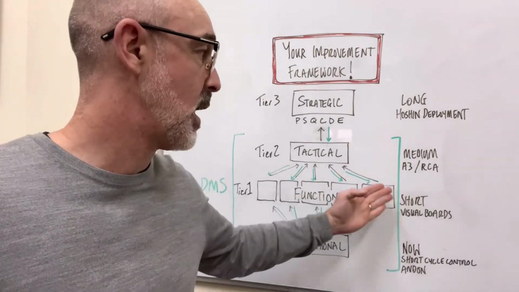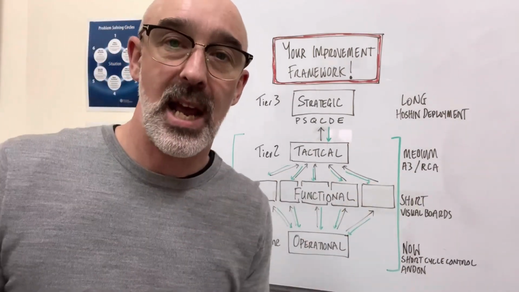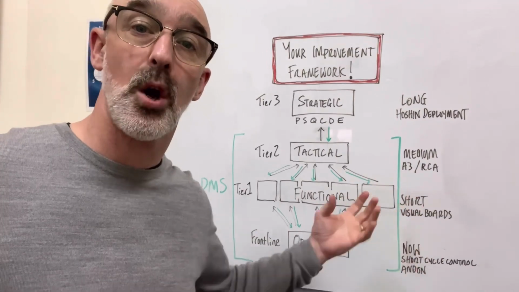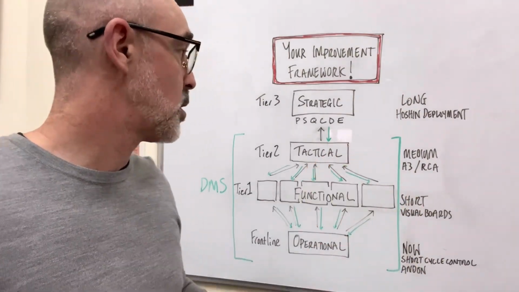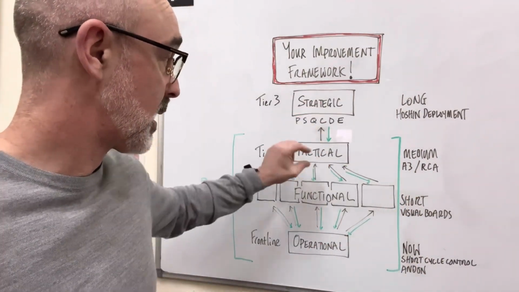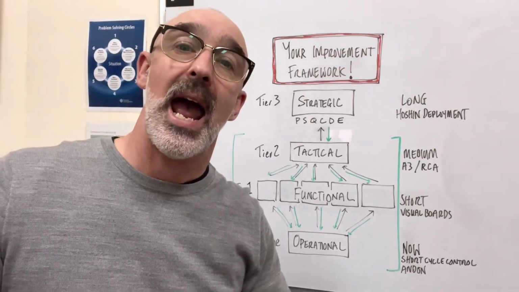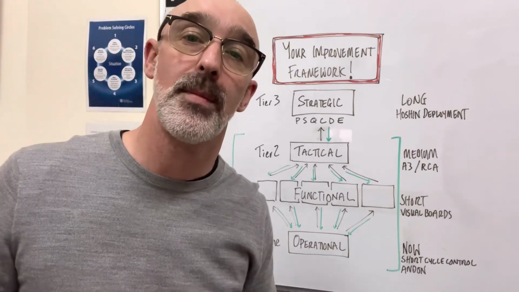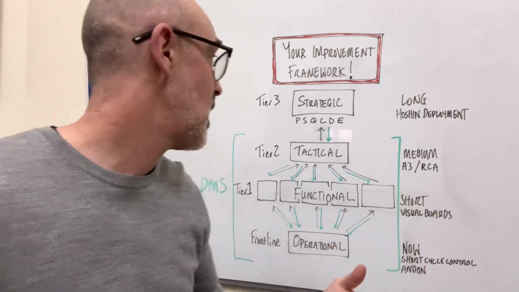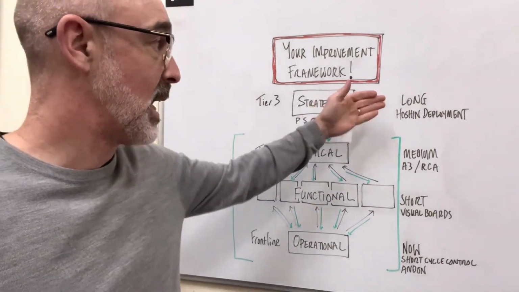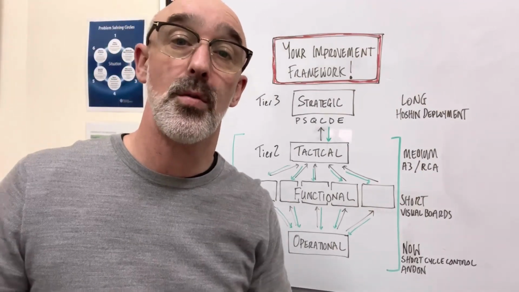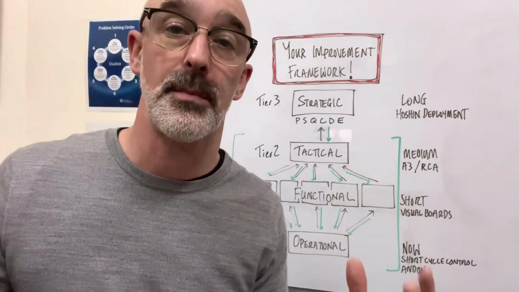We're looking at our major deviations, our chronic and recurring issues, and also opportunities, because that's the central hub where we're cascading down our strategic improvement activity through project management.